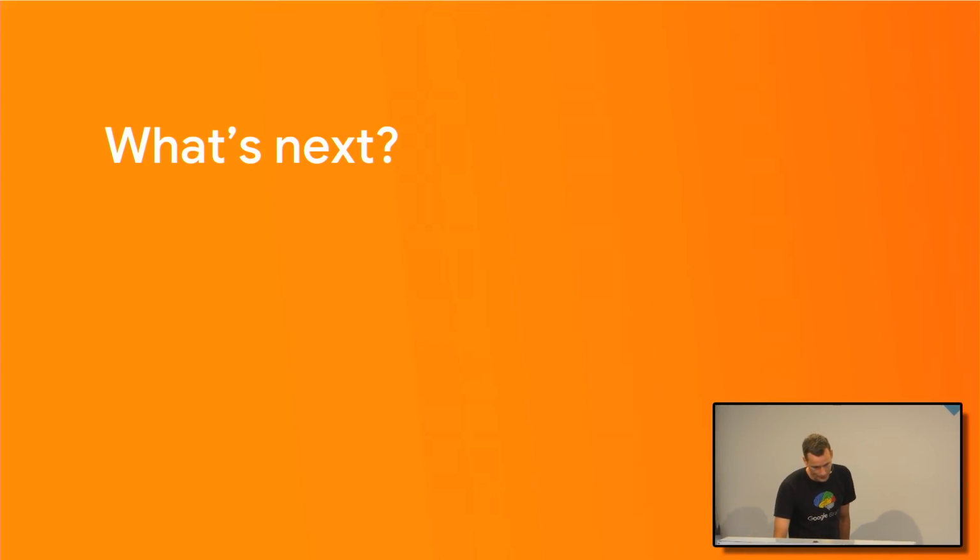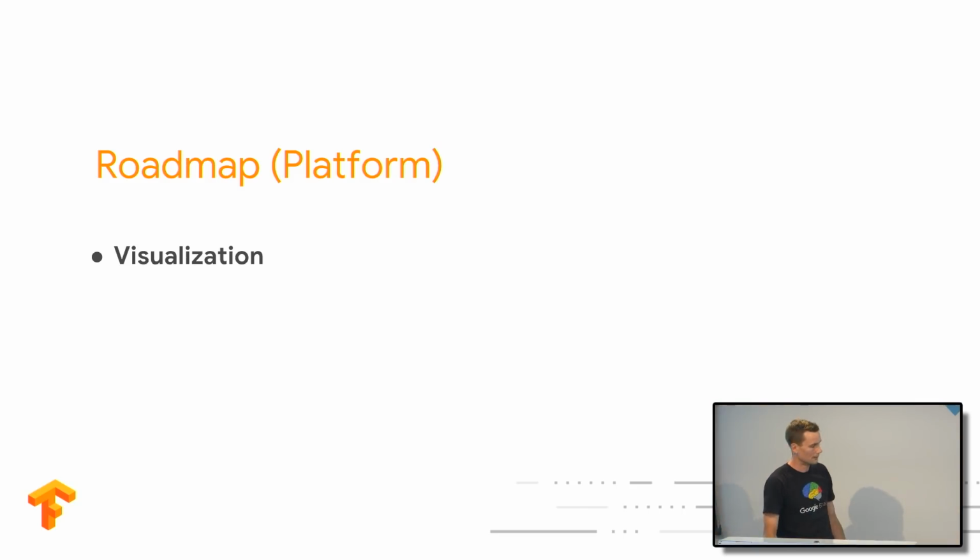OK, so what are we doing next? What's the team working on? We just launched a bunch of stuff this past spring and over the summer, and we have a few new things we're working on. One of them is a visualization library. One of the hard parts with machine learning in general isn't so much constructing your deep neural network.